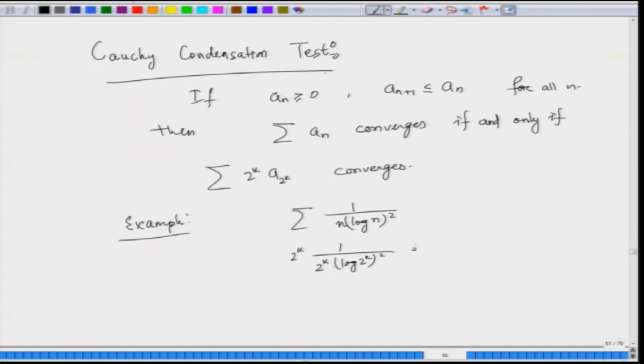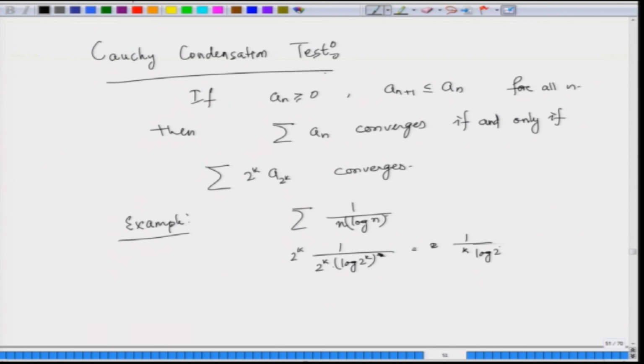But first let us try it with just 1 by n log n. Then the 2 to the power k goes away. So, this is k. So, this is a divergent series. Therefore, this series is divergent.